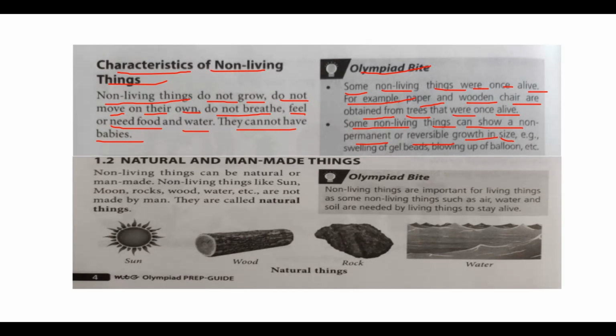For example, if you blow up a balloon, the size will increase. But if the air is blown out, the size will decrease, it will shrink. So some non-living things show non-permanent or reversible growth in size. Now, swelling of gel beads. Gel beads swell and again they can shrink.